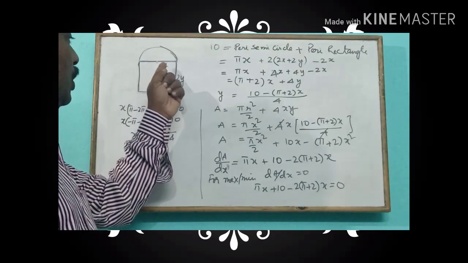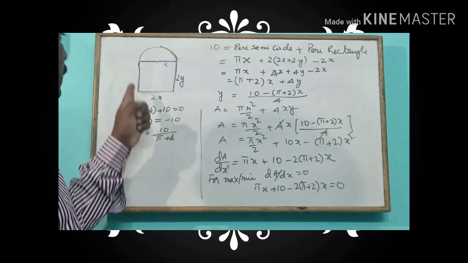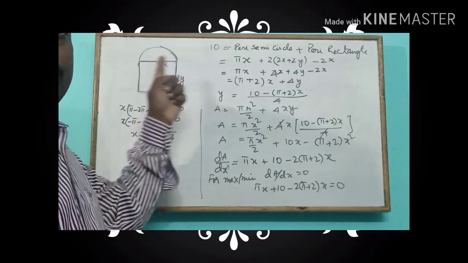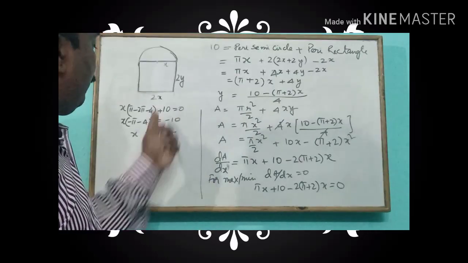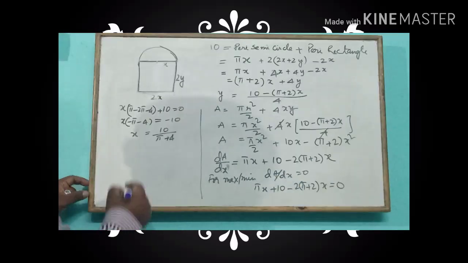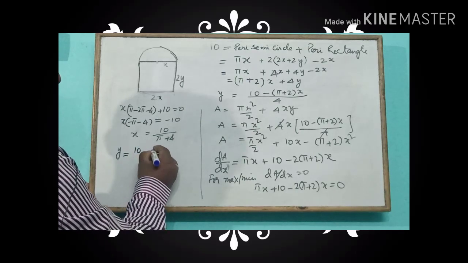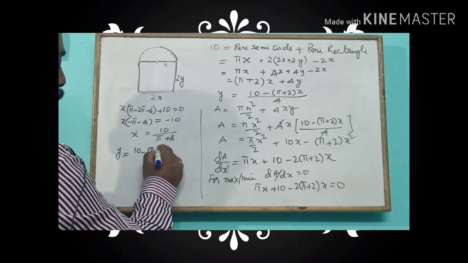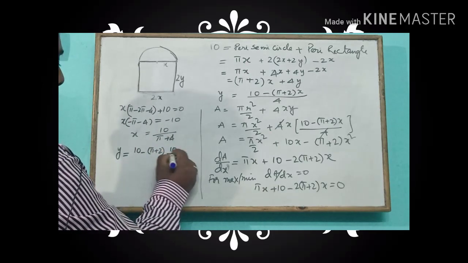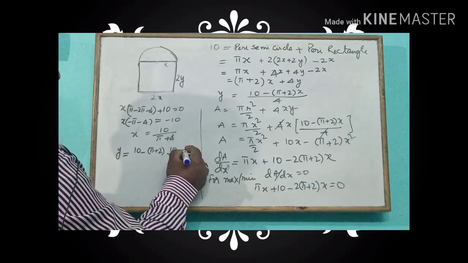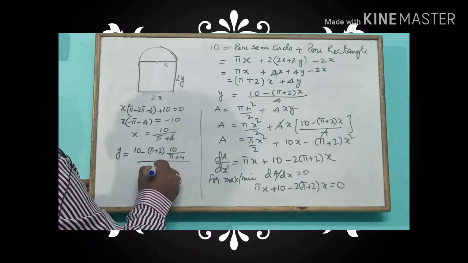So the radius we have got, hence the dimension of the whole window could be calculated by putting the value of x here and getting y. That is (10 minus (pi plus 2)x) divided by 4, where x is 10 by (pi plus 4).